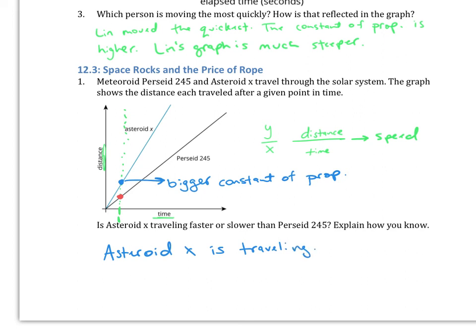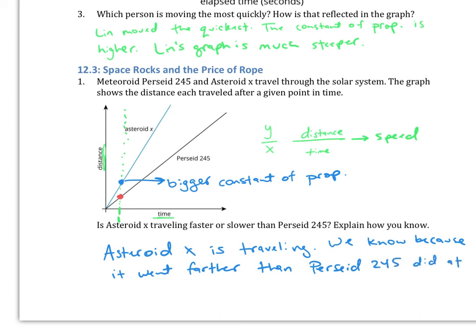Okay, we know this because it went farther than Perseid 245 did at the same given time. So at 1 second, asteroid X was farther than Perseid 245.